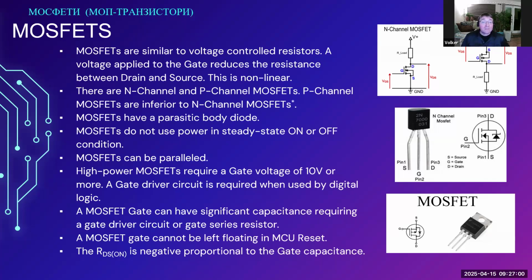MOSFETs. So the transistors were basically current amplifiers, like a small current pushed into the base was creating a larger current from collector to emitter. MOSFETs are different. MOSFETs are effectively voltage-controlled resistors. You wouldn't use them as voltage-controlled resistors, but they have a very small part of their diagram where you could.